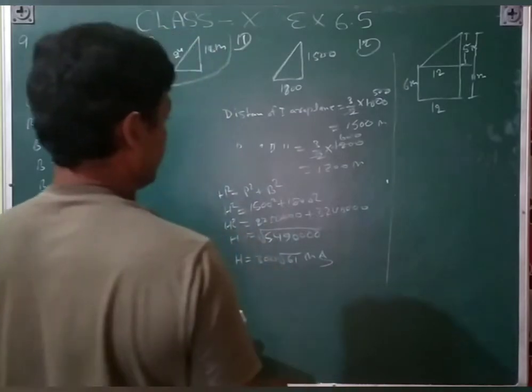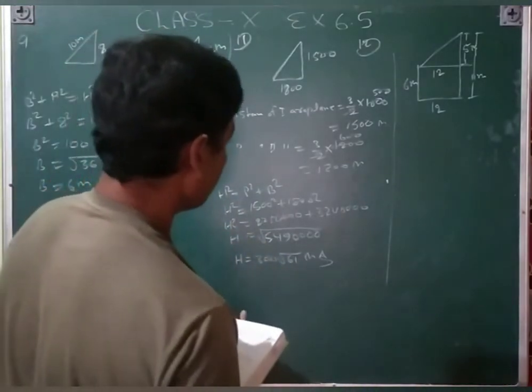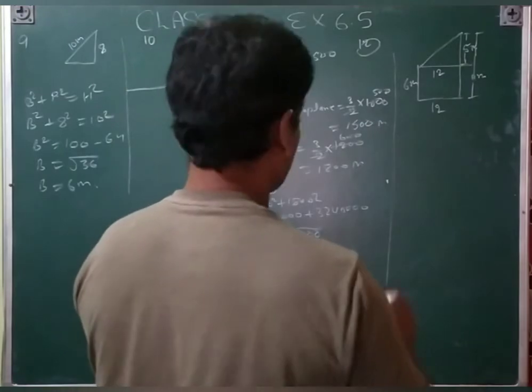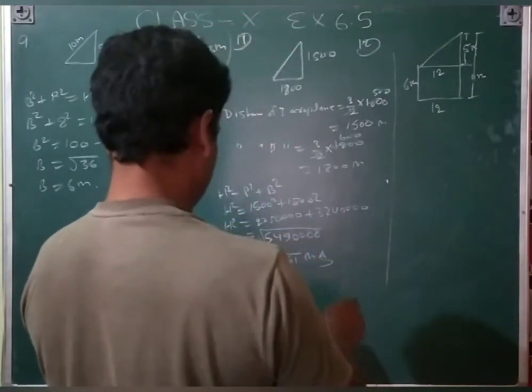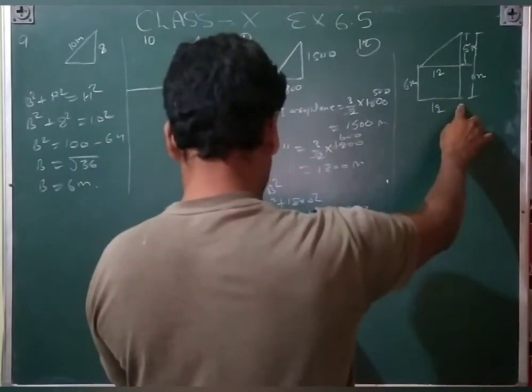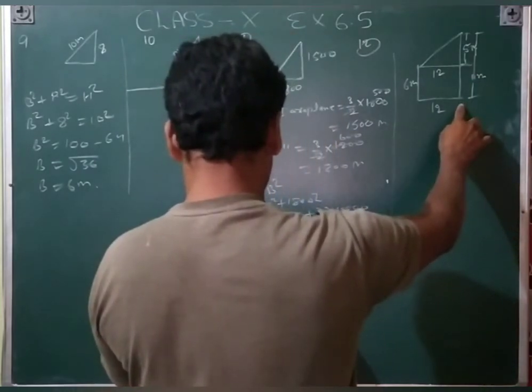And then the next question, the 12th: two poles of height 6 meter and 11 meter stand on plain ground.